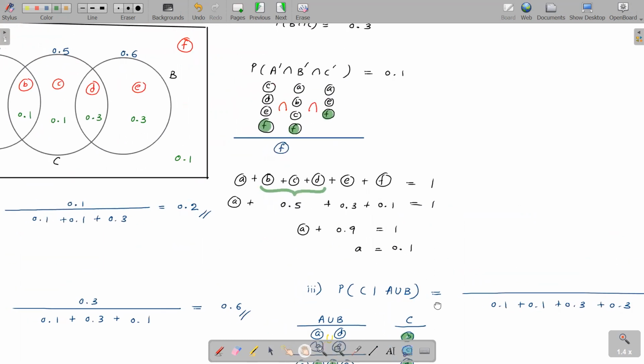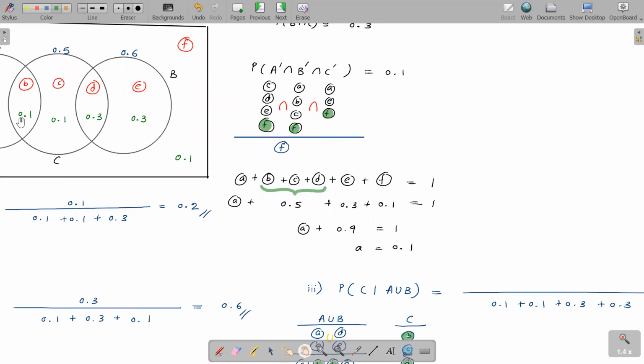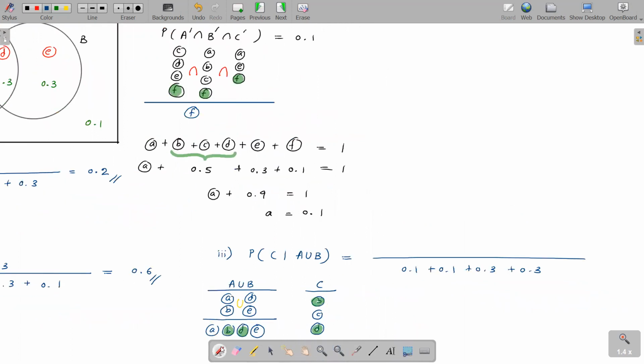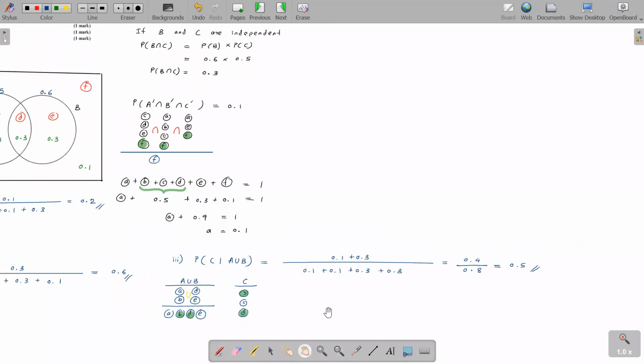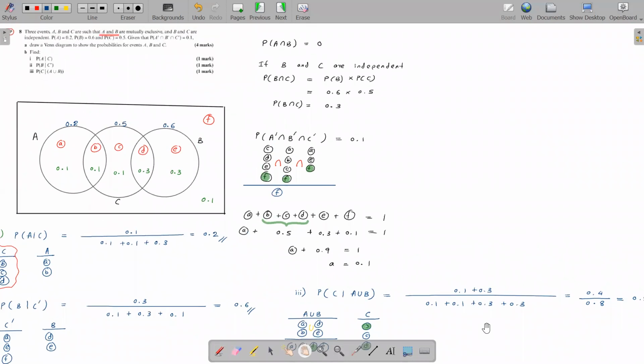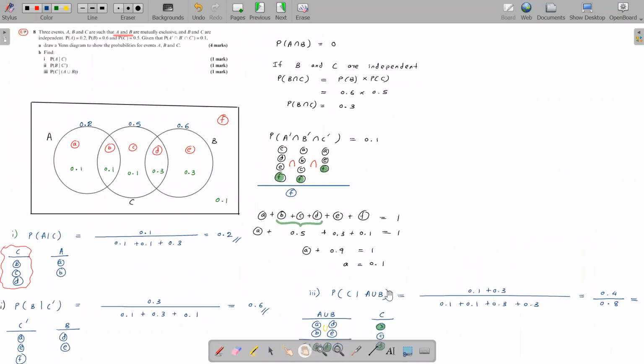So B probability 0.1, D probability 0.3. All right, guys, can you see how it's done? So this is going to be 0.4 over 0.8, which means it's going to be half. All right, guys, this is clear. Okay, so this is how you do this sum, right? I hope that it's clear with everyone.